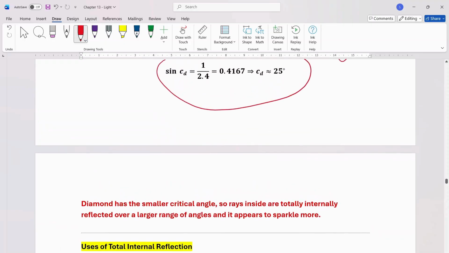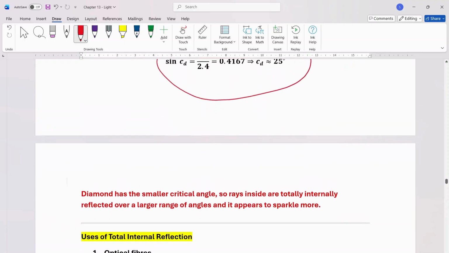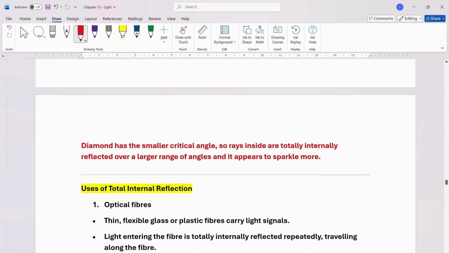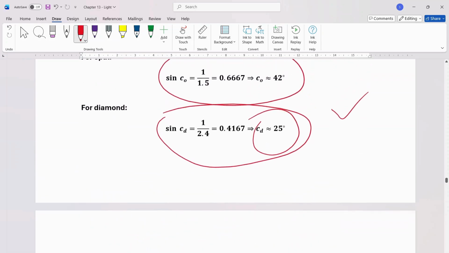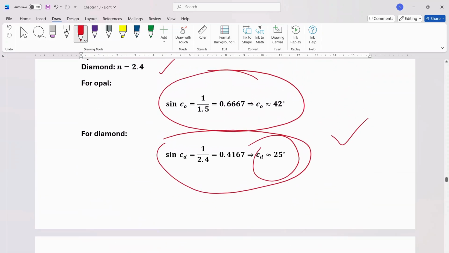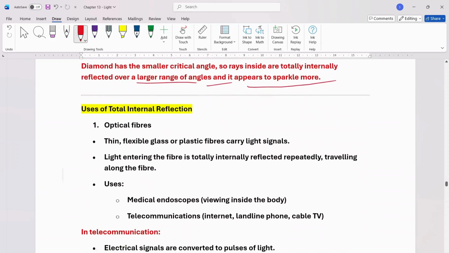Diamond has a smaller critical angle, so rays inside are totally internally reflected over a larger range of angles and it appears to sparkle more, because the critical angle for diamond is smaller as compared to opal. That's why diamond shines more.